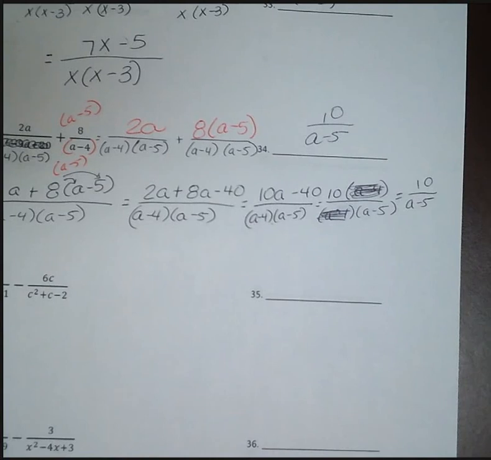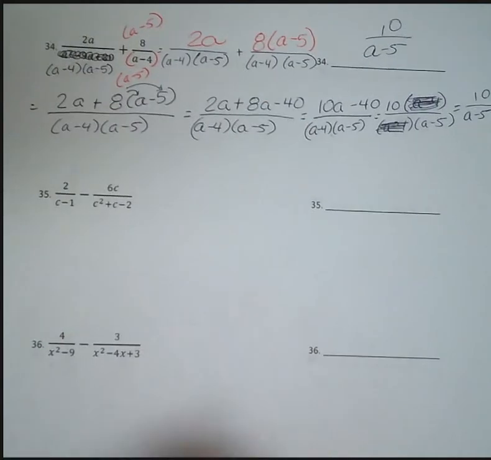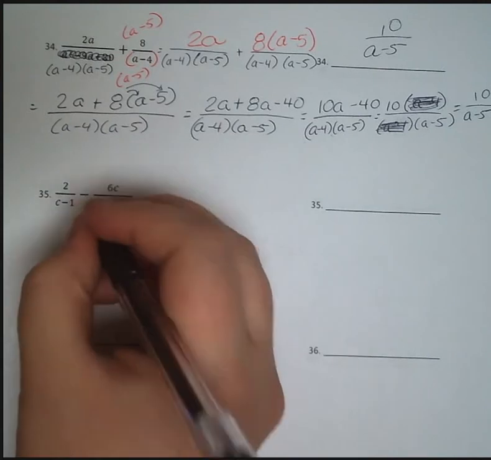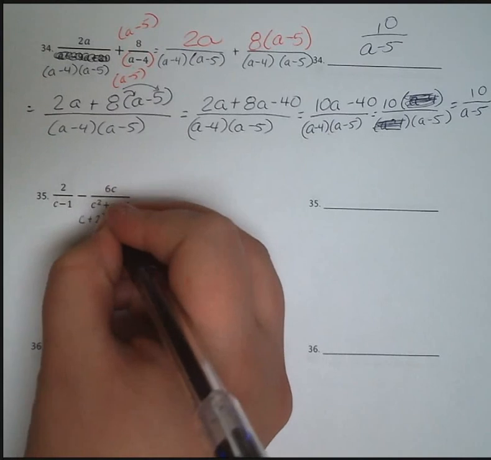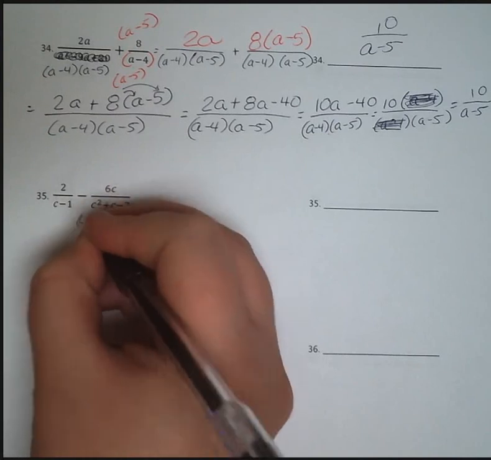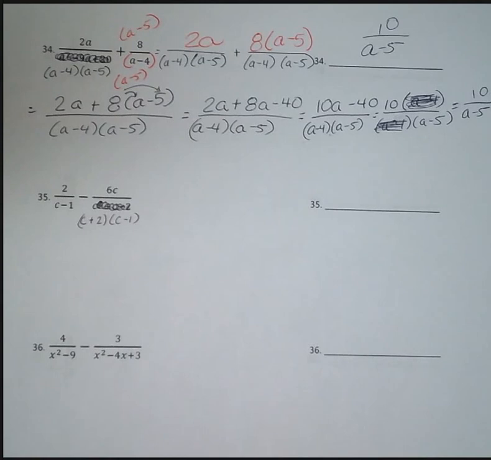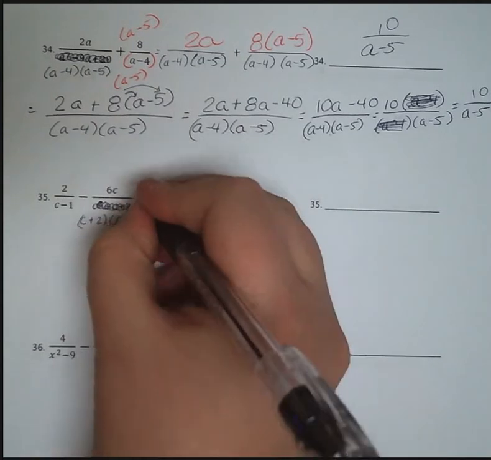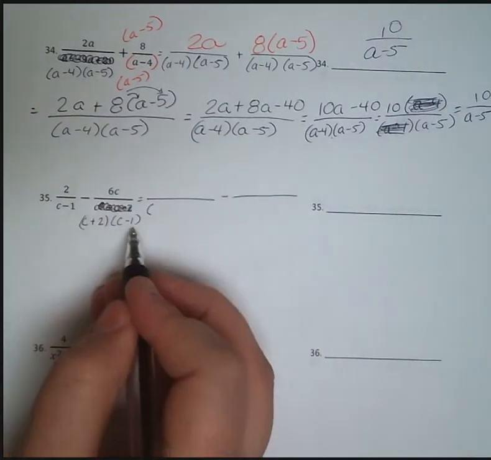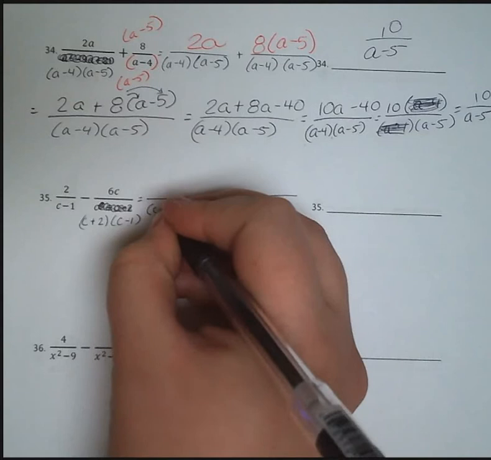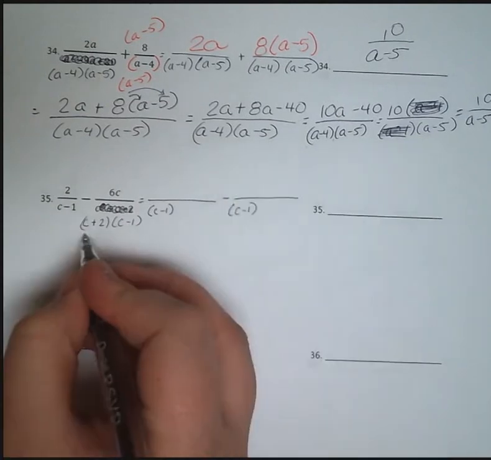Okay? So for number 35, we're going to factor out that denominator to be c plus 2 and c minus 1. So we know our new denominators are going to incorporate a c minus 1 and a c plus 2.